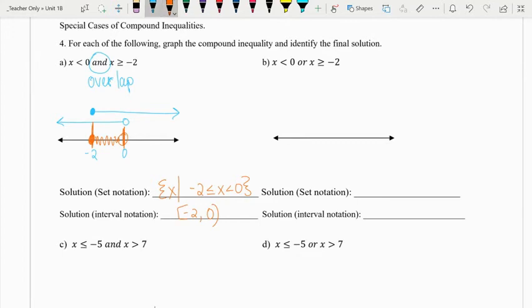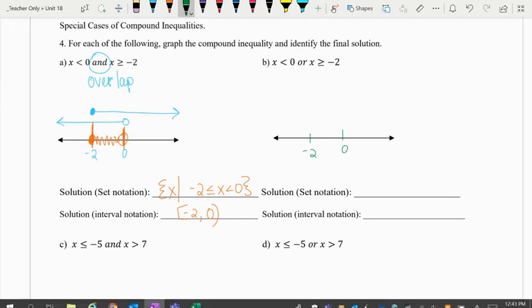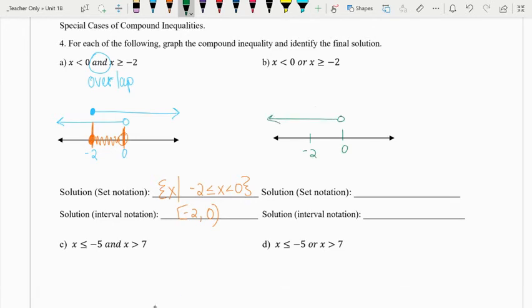If we take the exact same problem but make it an OR problem, so it is open and to the left, closed and to the right, just like it was previously. This time, remember with an OR, it's where anything works, right? So that's where anything is covering it.